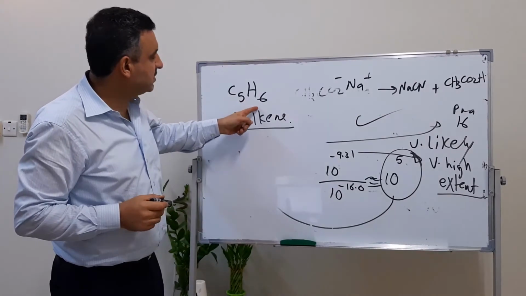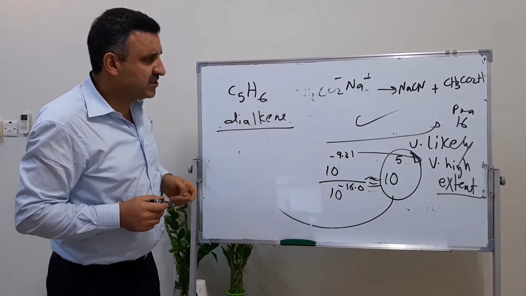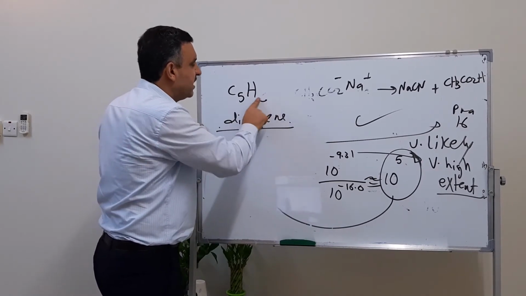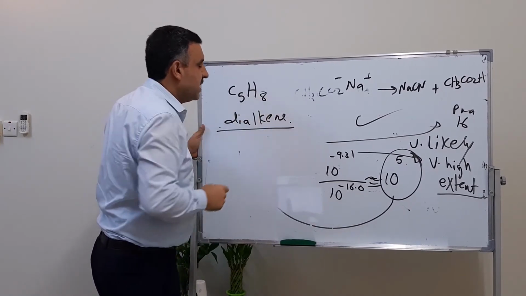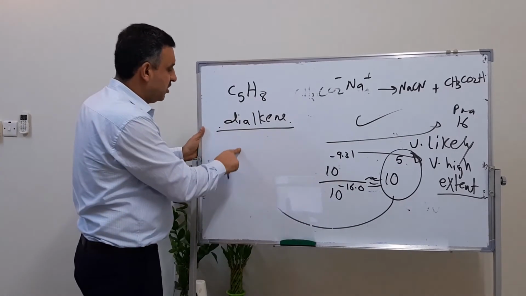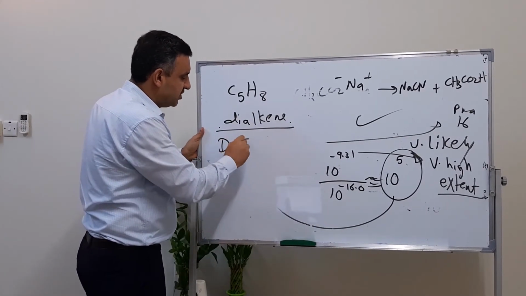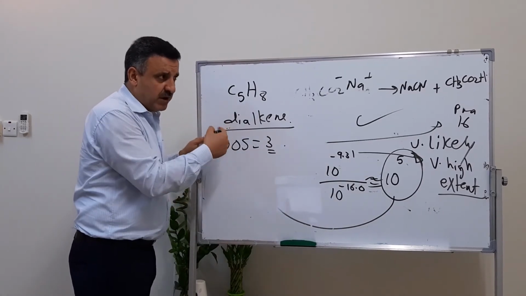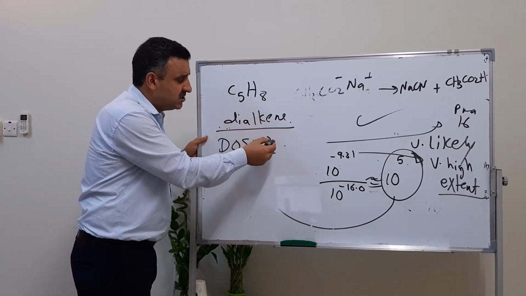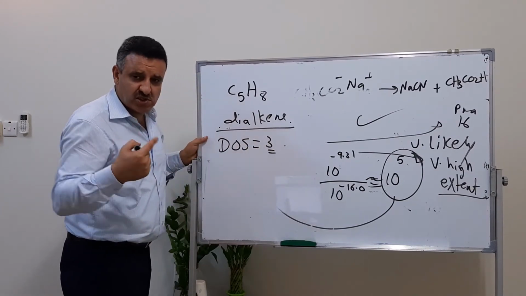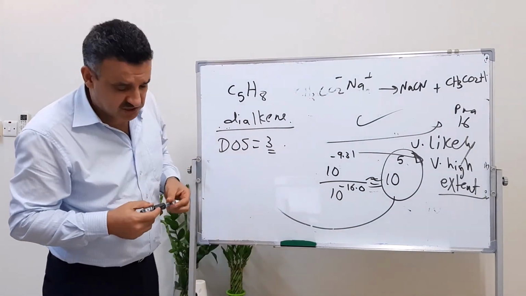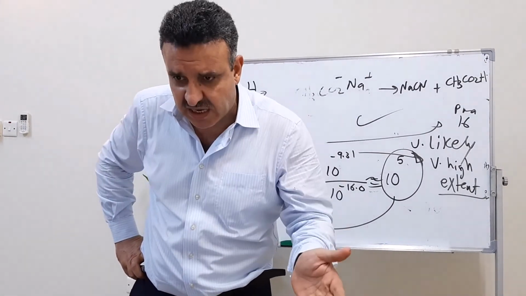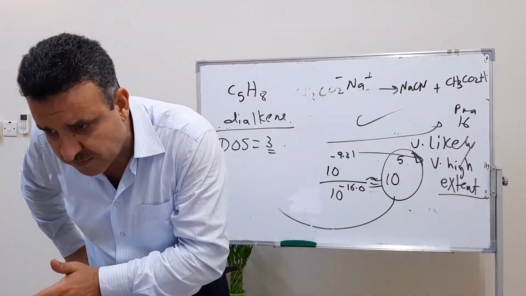Now, when you calculate the degree of unsaturation of this, C5H8, the degree of unsaturation will be 3. Which means, if you want to include the dialkene, that means you have 2 degrees of unsaturation as alkenes, and you need to take the remaining one into consideration. If you have 1 degree of unsaturation which is not alkene, it must be what then?